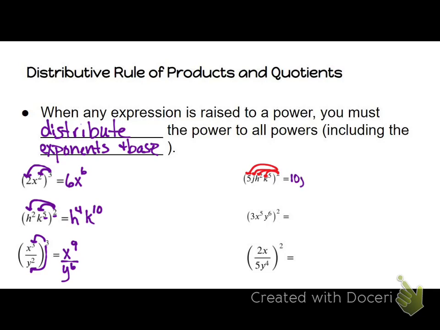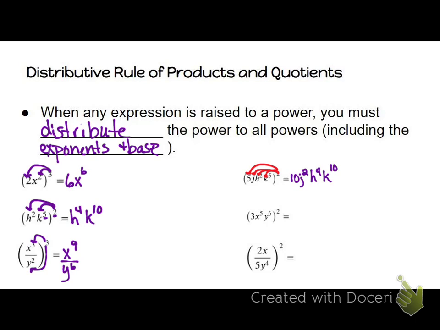J squared, right? Then I multiply it by what? H squared. So what's h squared times power of 2? What's 2 times 2, you guys? 4. Okay? And then I have to also distribute it to my k. So what's my k going to end up being? 10. Questions on that?